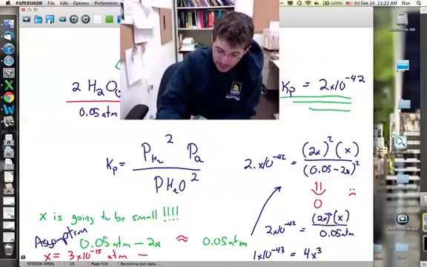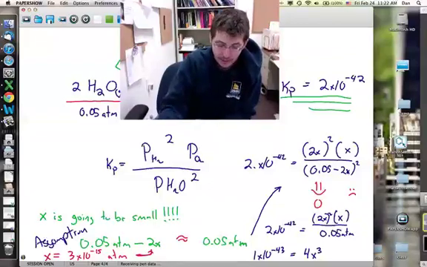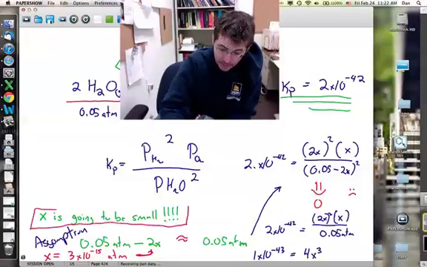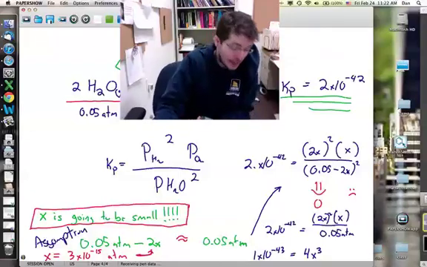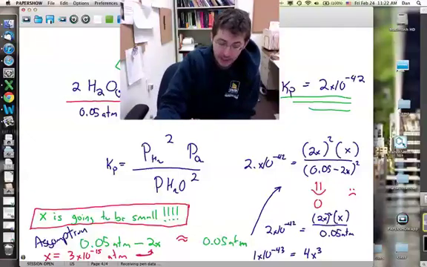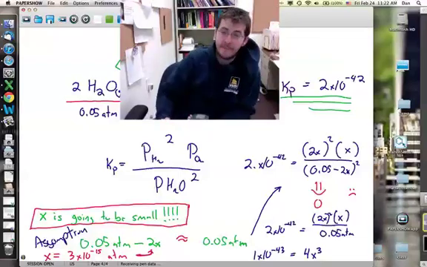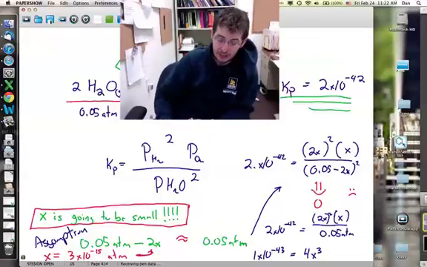Knowing that, we can look at our assumption and say that yes, our assumption is valid. Whenever you use these assumptions, you have to check them. If you don't check it, the answers will not be reliable. You have to check to make sure that x is suitably small compared to the value that you're using in the assumption.